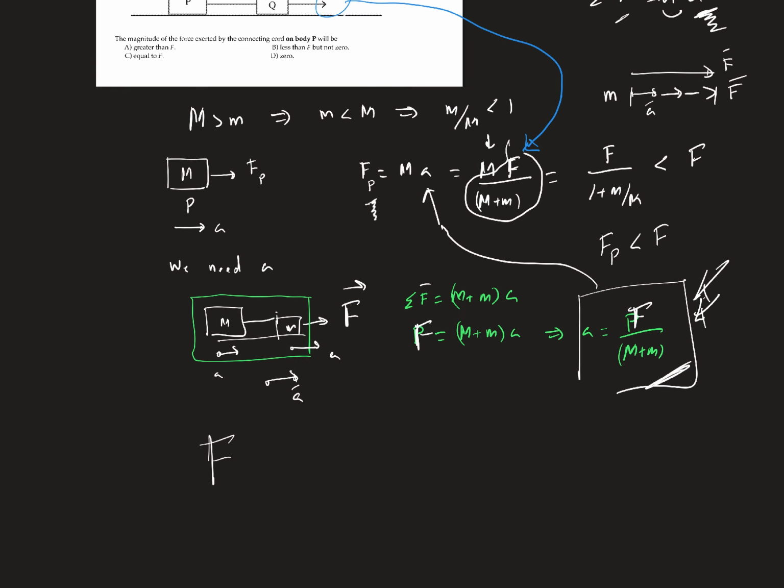The force acting on capital M. I don't know why I put the P, because it's the object capital M. It's the same thing. The force acting on capital M is the mass by the acceleration, and I found that the acceleration of the system is F divided by M plus m.